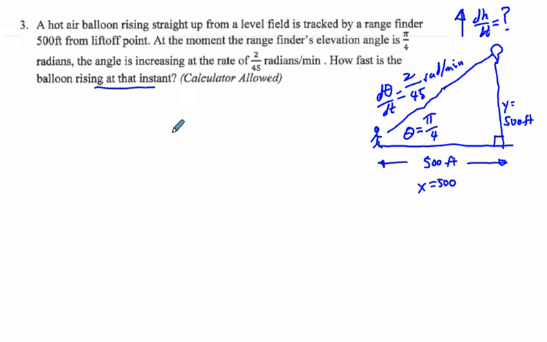Okay, now let's go ahead and organize our facts here. We're trying to find dH dt, and if the balloon is going up, we know it's going to be a positive number, when y is equal to 500 feet.